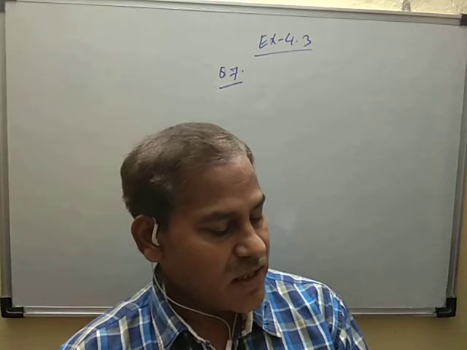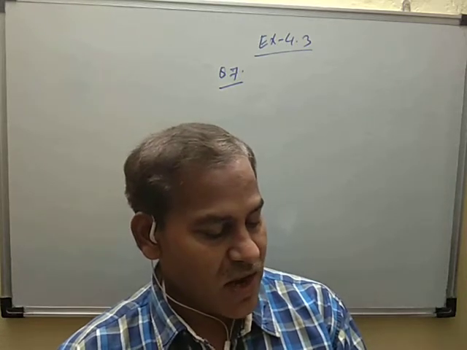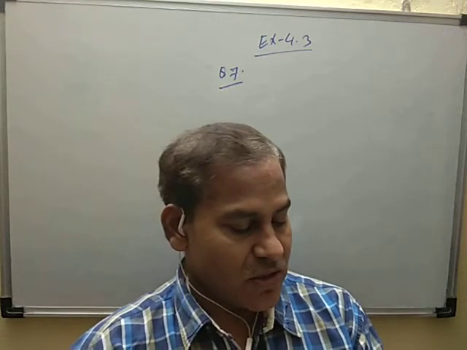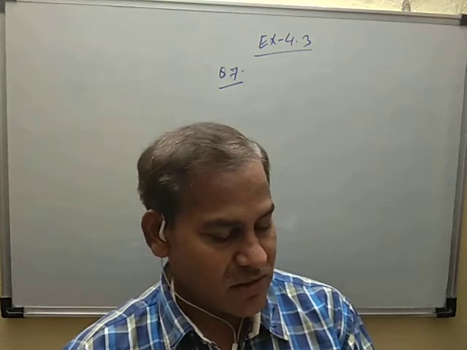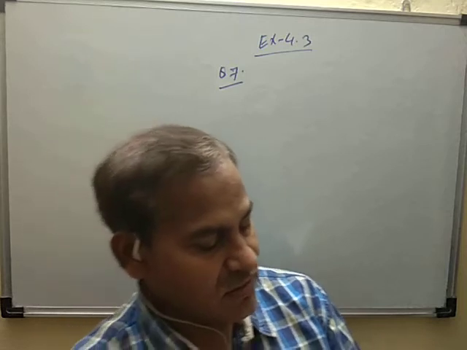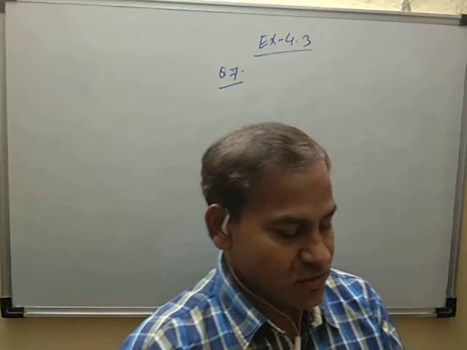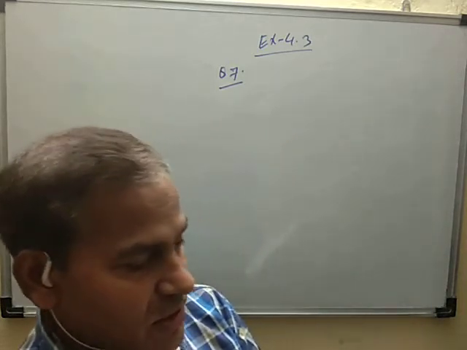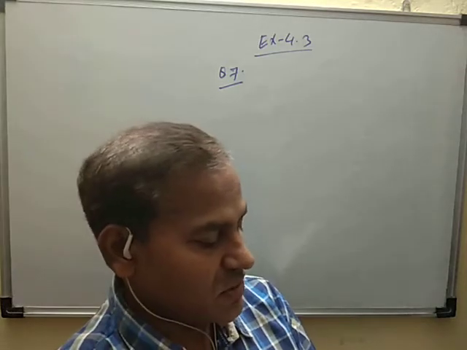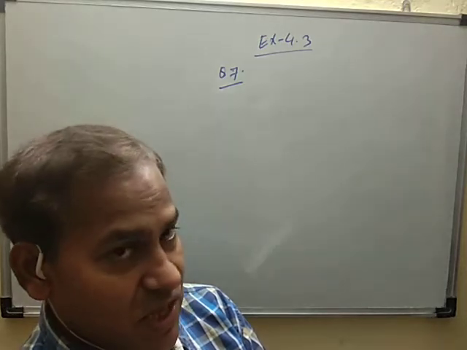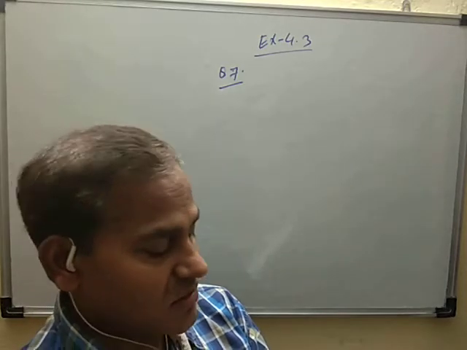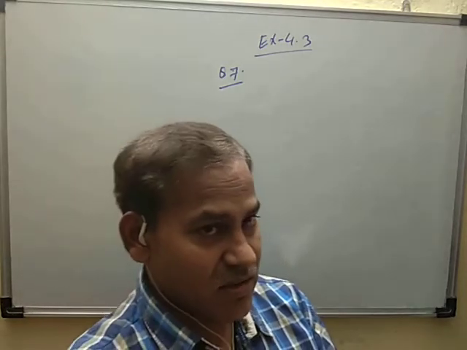Write a linear equation which satisfies this data. You may take their contributions as x and y. Suppose the contribution of Yamini is rupees x and of Fatima is rupees y.